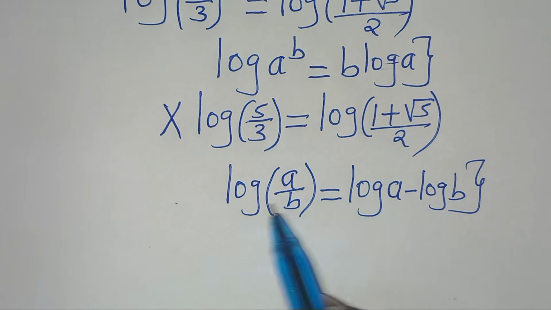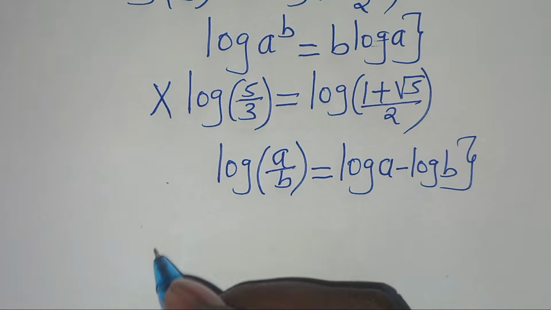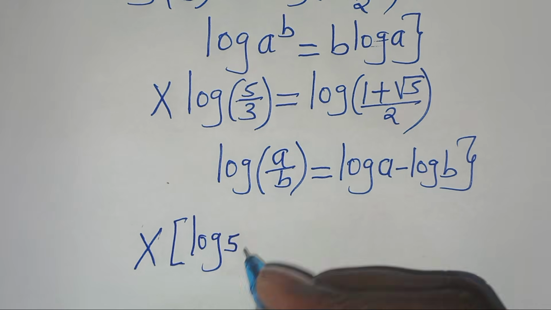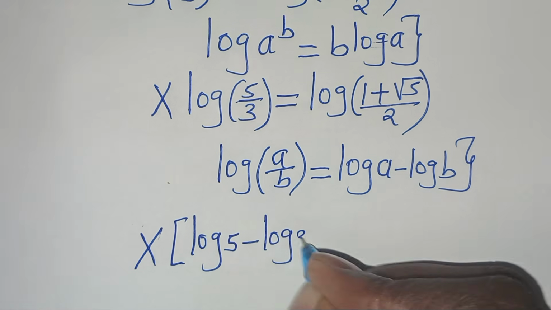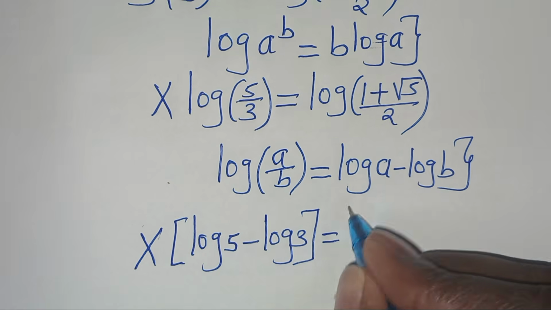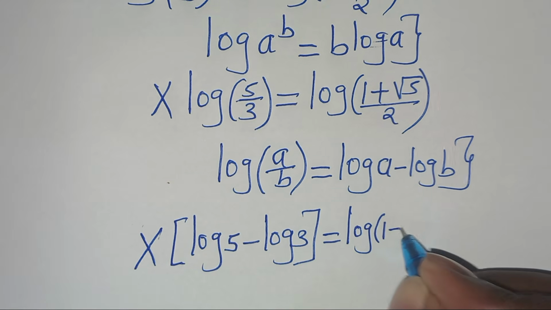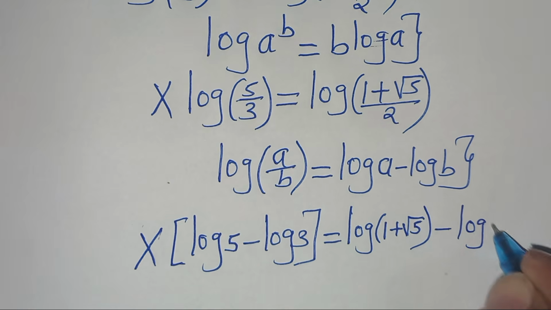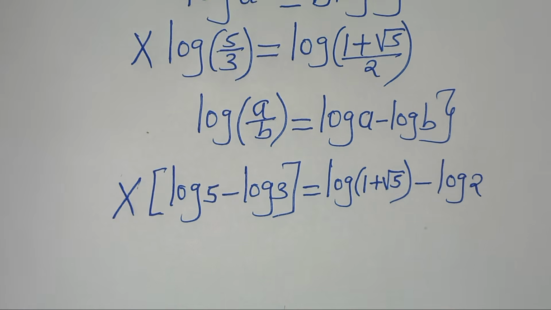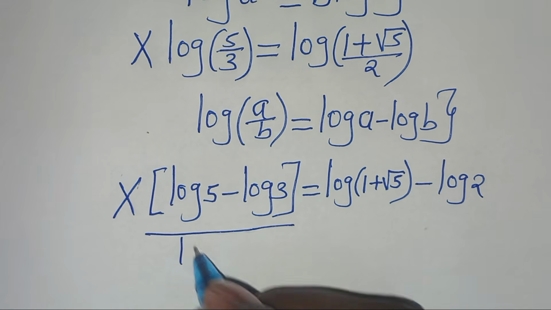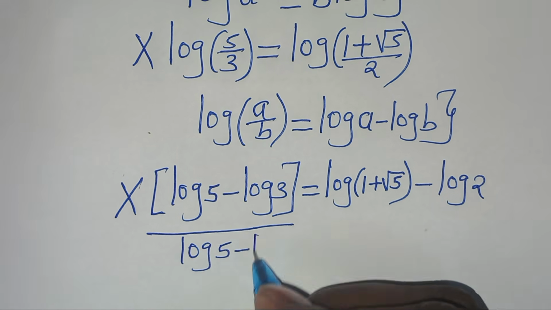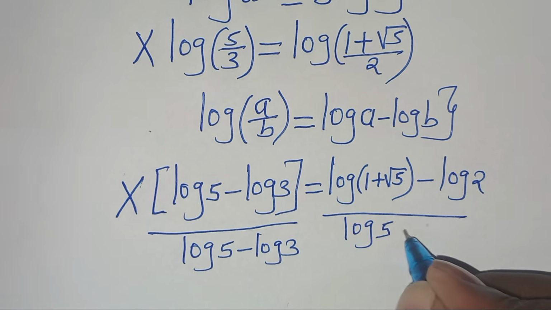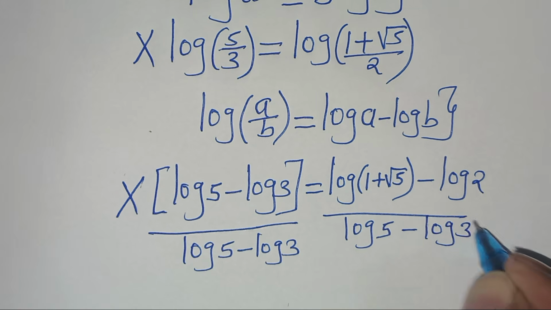Applying this logarithm property, we have x multiplying by (log 5 − log 3), equal to log (1 + √5) minus log 2. So let's divide on both sides by log 5 minus log 3.